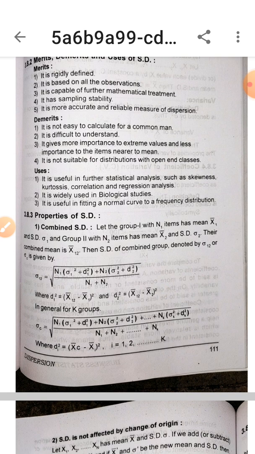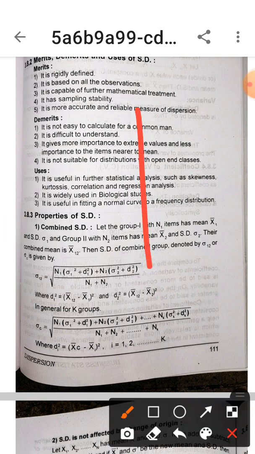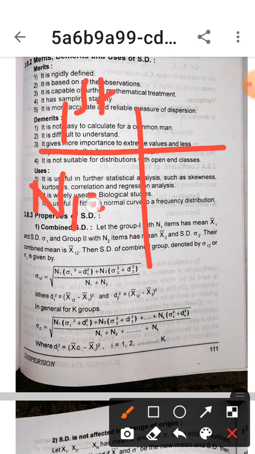Okay, this is group first. Just like a combined mean, it has mean x bar 1, that is first mean, and its SD is denoted by sigma 1. Okay, sigma 1 is the first group's SD.